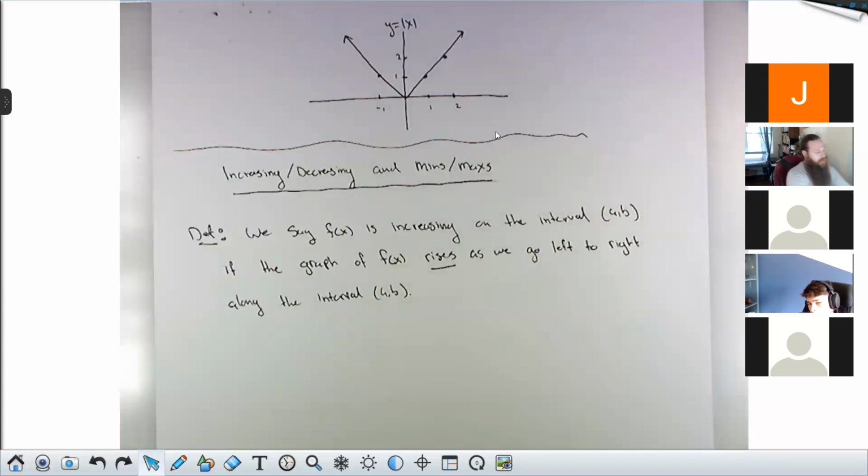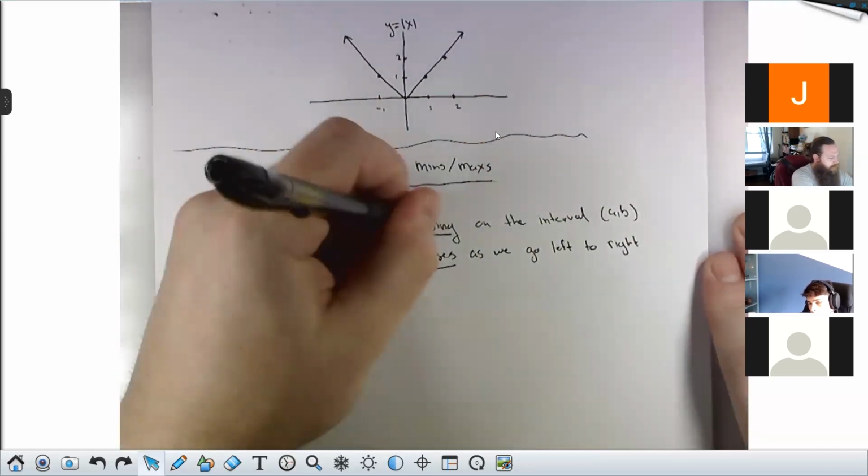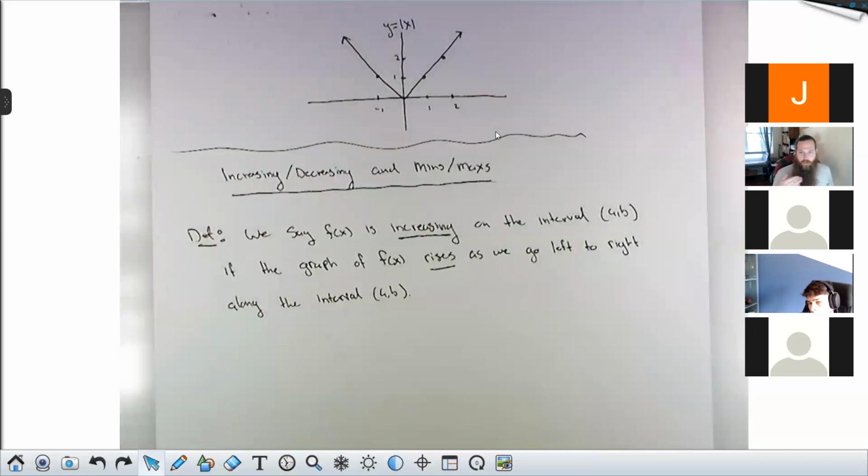Okay. So we say that a function f of x is increasing on the open interval AB if the graph of f of x rises as we go left to right along that interval AB. And if you want the definition of decreasing, you just swap rises with falls.